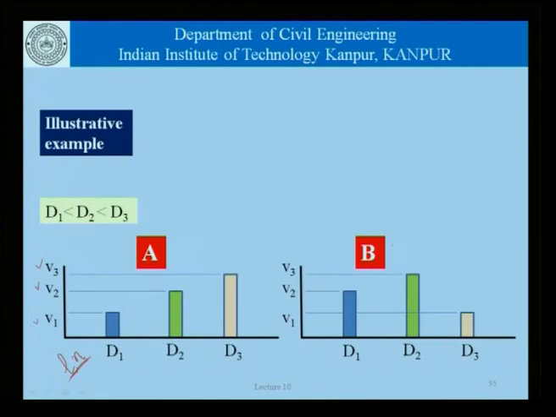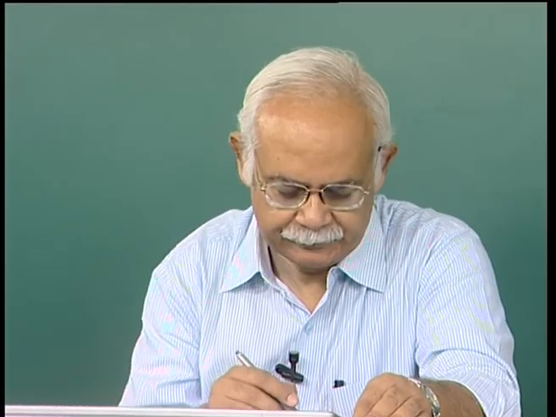In the pore system of B, the numbers have been so adjusted with the same length that the pore volumes for D1, D2 and D3 have now become V2, V3 and V1 as shown here. So, D1 has V2, D2 has V3 and D3 has V1. Now, if we are asked to compare these two pore structures, what are the kind of comments that we can make?